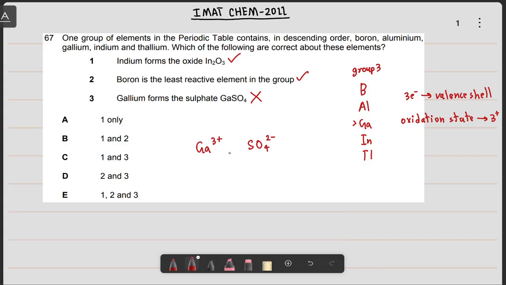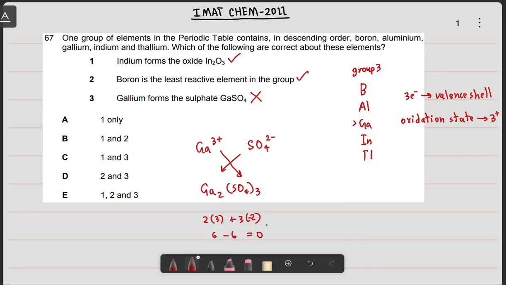This is a polyatomic ion, so with the same working that we did for statement 1 for indium oxide, we'll just swap the charges. So it forms Ga2(SO4)3. Now if we try to balance the overall charge, gallium is 3+ and SO4 has an overall charge of -2, so +6 and -6 gives 0.